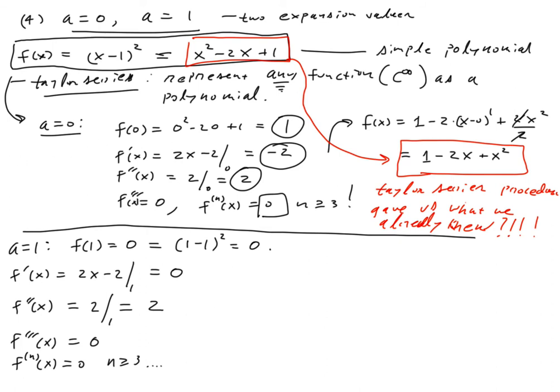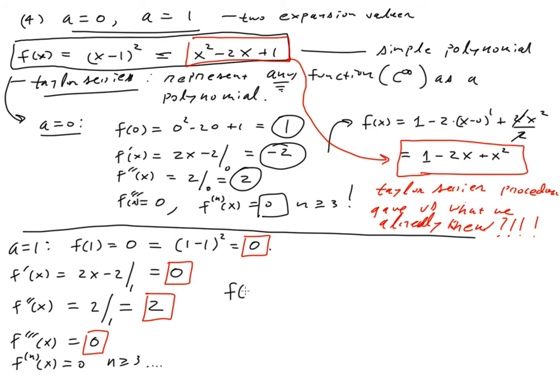Now, I'm going to look again here. We see that our coefficients have actually changed. So depending on your expansion point, the Taylor series coefficients will change. But in fact, they've actually gotten even more simple.